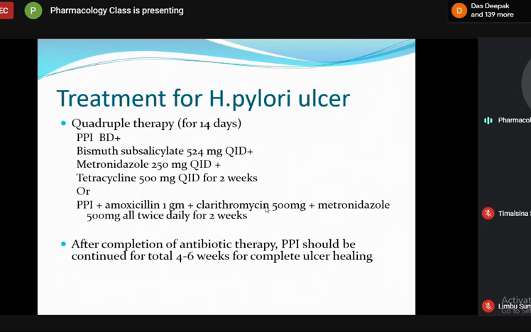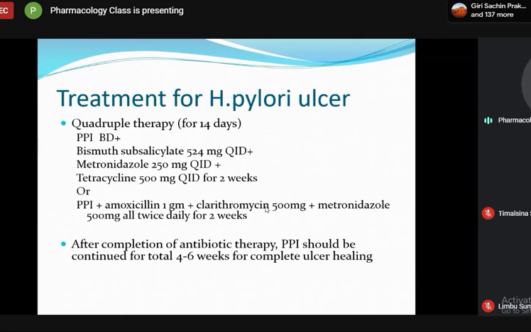With quadruple therapy, the proton pump inhibitor is given twice a day, bismuth salicylate 4 times a day, metronidazole 4 times a day, and tetracycline 500 mg 4 times a day, again for 2 weeks. Or we can give quadruple therapy as a proton pump inhibitor, then amoxicillin 1 gram, clarithromycin 500 milligram, and metronidazole 500 milligram, all twice daily for 2 weeks.